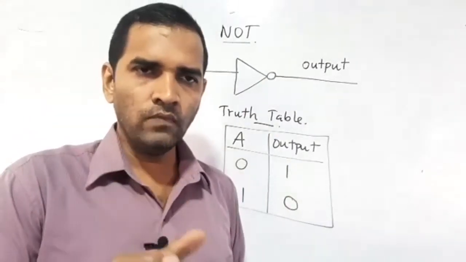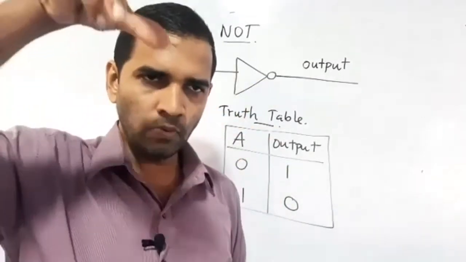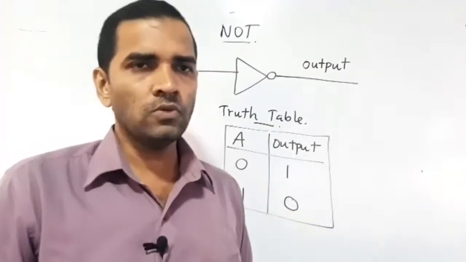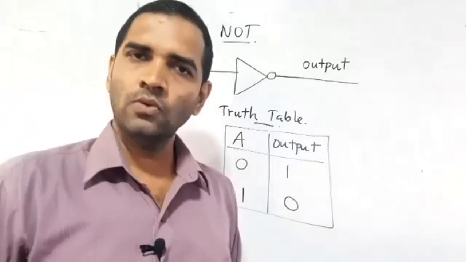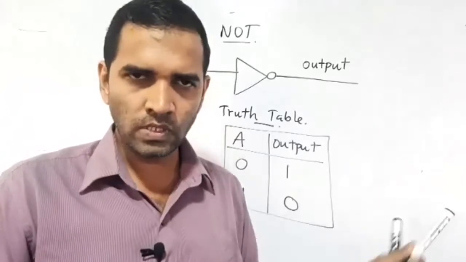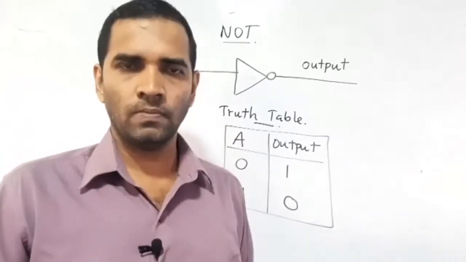In the AND gate, we used to write A and B, which means we put the gate name in the middle, with inputs A and B on both sides. Even if you take the OR gate, the gate name is in the middle and the two inputs are on both sides, right? A or B.